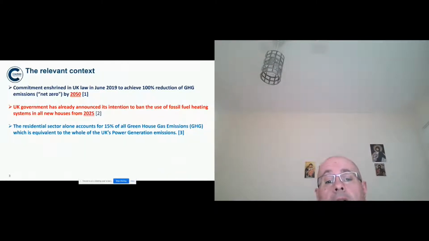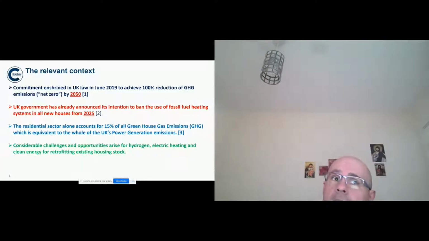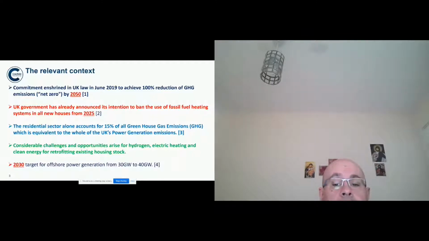This is equivalent to the whole of the UK's power generation greenhouse emissions. So it's a very large part of the issue that the UK has to approach. Considerable challenges and opportunities arise for new sources of energy, such as hydrogen and electric heating, and using clean energy for retrofitting existing housing stock in the UK and, of course, in other countries.